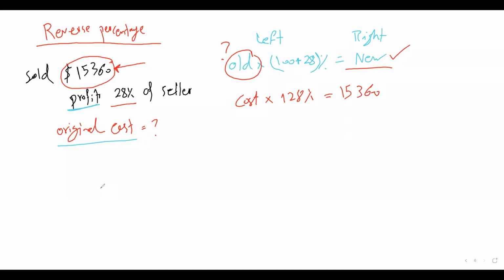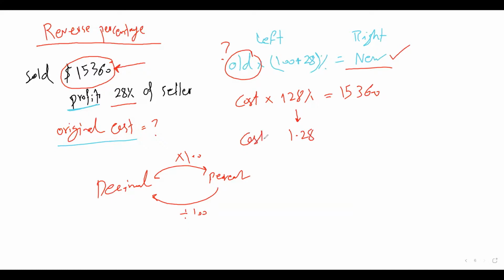You remember, decimal to percentage, you multiply by 100, and if you have a percentage, you convert it to decimal, you divide it by 100. Why did I say that? Because it's easier to work with if you convert this to decimal. Then what's left for me to do is to divide both sides by 1.28.